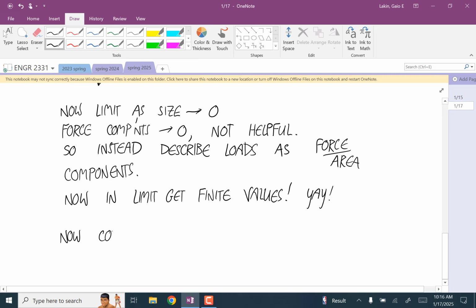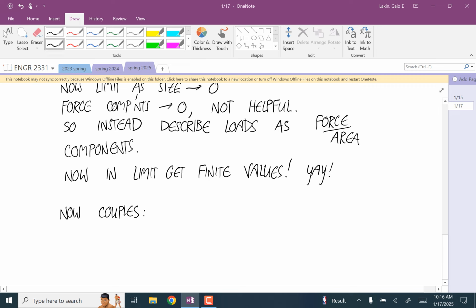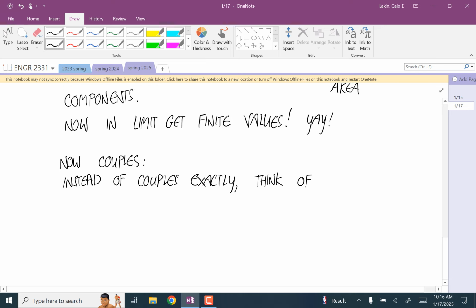Okay, so now think of the couples. Instead of thinking of couples exactly, think of sort of like the force per area crossed with, what did I call it?